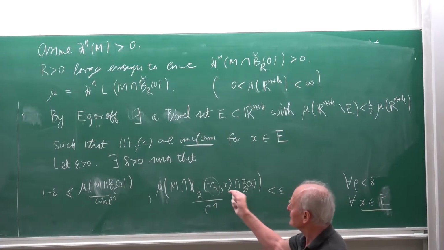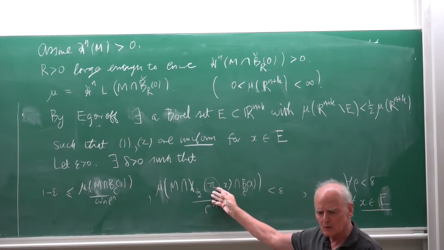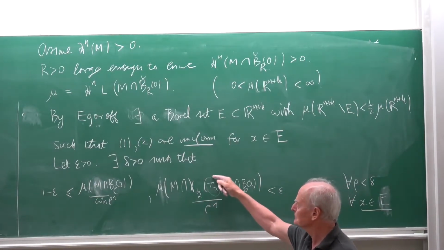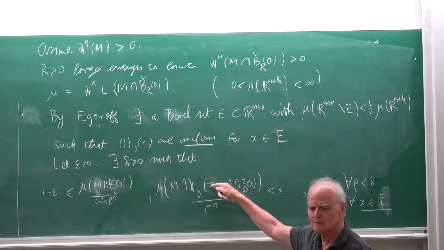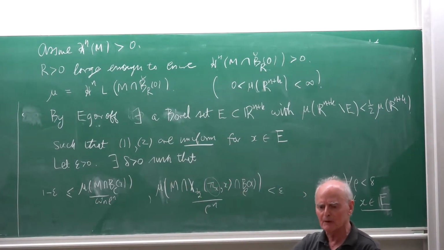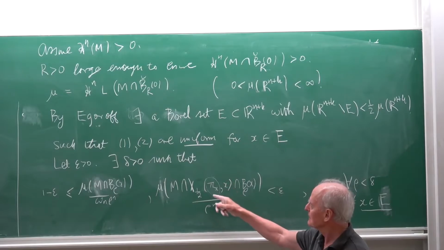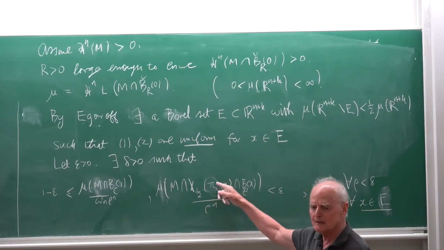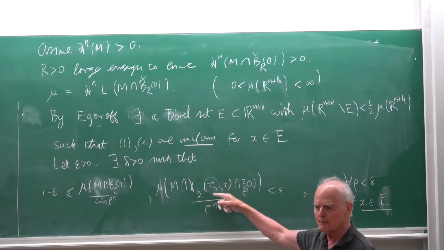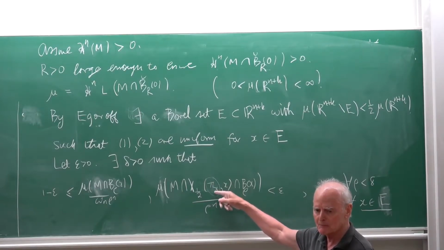There's a problem in actually making use of this inequality here because this is jumping around. You see, it may be wildly jumping around as x varies. So I'm going to try to divide the space up into points where this is near to some particular k-dimensional subspace.